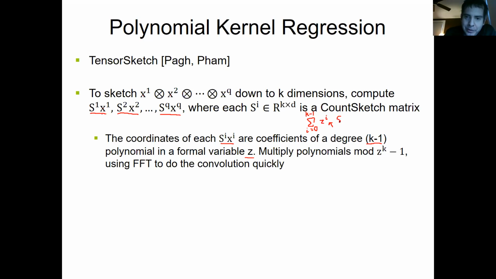If I'm looking at Sj xj, it would be the ith entry of that. Okay, so I write down some polynomial, and I get a polynomial for each of these modes. I got q polynomials now, and what I do with these polynomials is I multiply them, and then I take them mod z to the k-1.